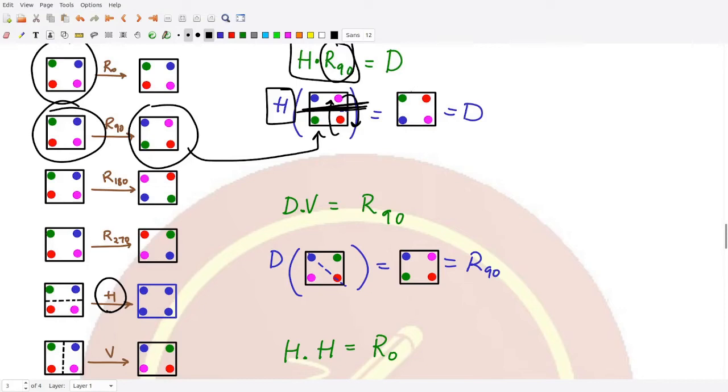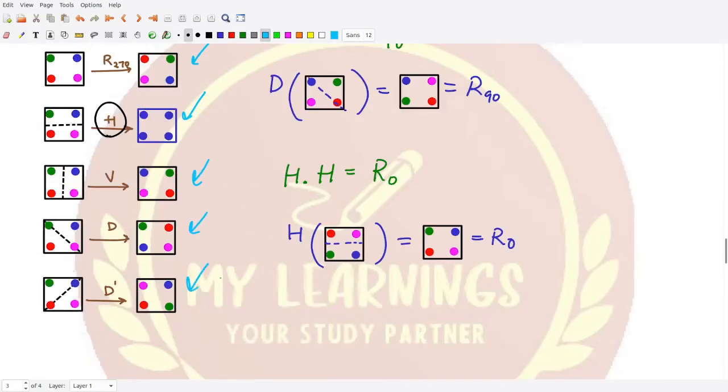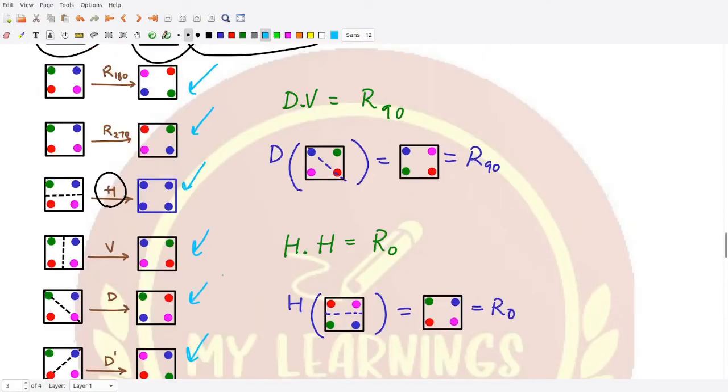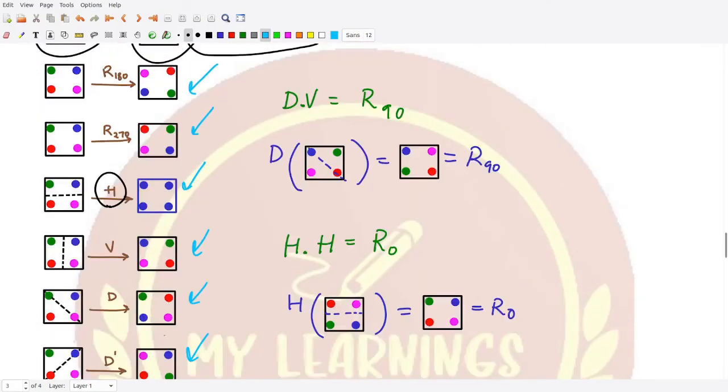Let's identify what this square is. Does this particular square match any of the 8 squares which are given here? Let's see whether the colors match for any of them. In this particular case, this is nothing but the D matrix.